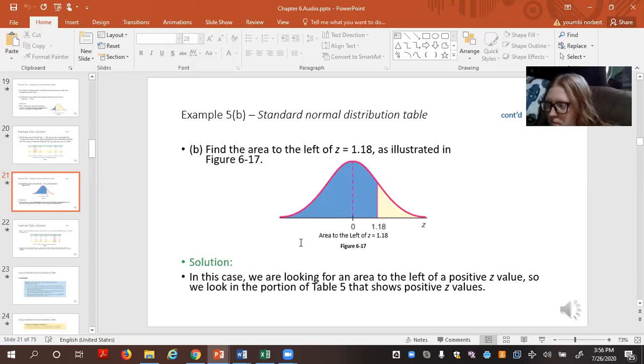We will do second function, VARS 2, and then we want the area between -1 and 1.18. Remember, negative is bracket negative. -1 is the lower value. 1.18 is the upper value. And you just enter.